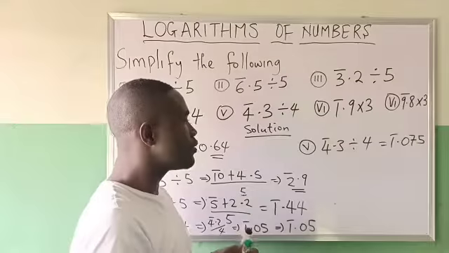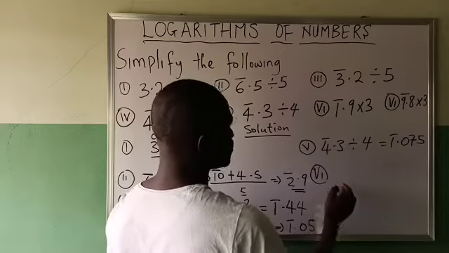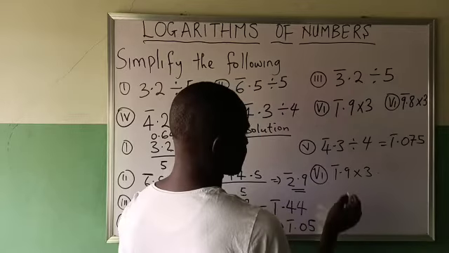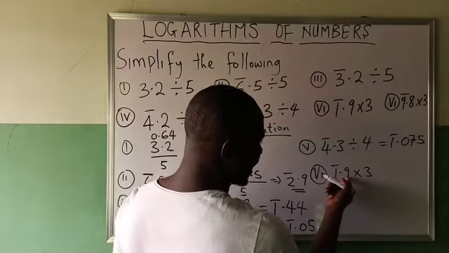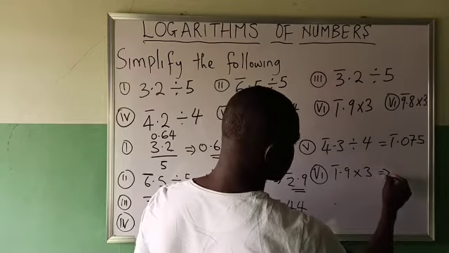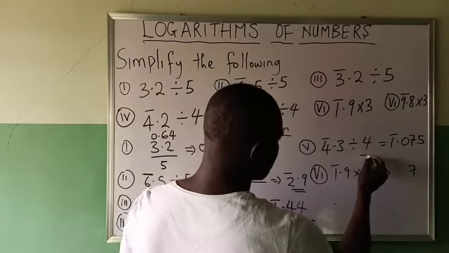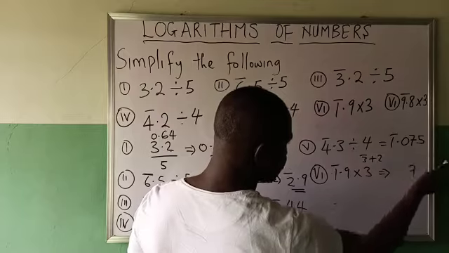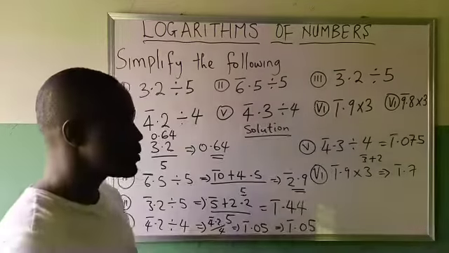Okay? So, you go to the sixth: bar 1.9 times 3. Now, see how you do it for the times. 3 times 9, 27. You write 7, carry 2. 3 times bar 1 is bar 3. Plus that 2 you carry, it will give you bar 1.7.